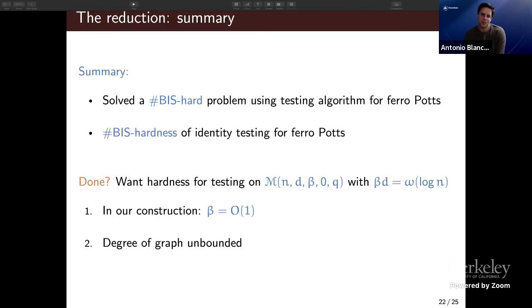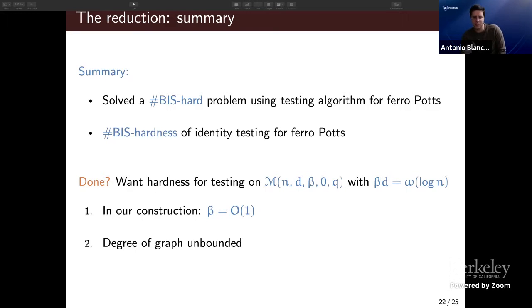But we are not done, right? If you see our construction, the degree is blowing up. The degree is large. We have a complete graph, much larger than the actual hard instance, so polynomial degrees in general. The good thing is that beta, the strength of the interactions, we kept constant. We don't have to do anything with that, but definitely the degree is unbounded.